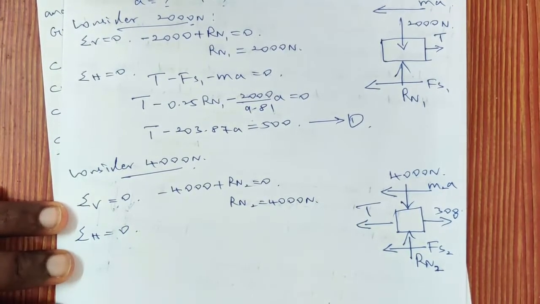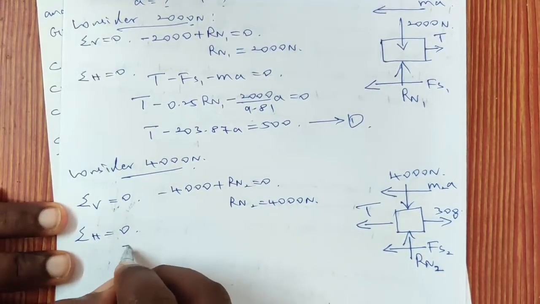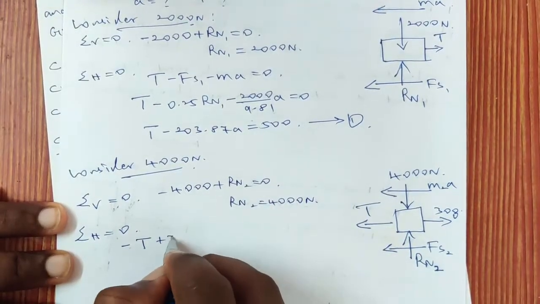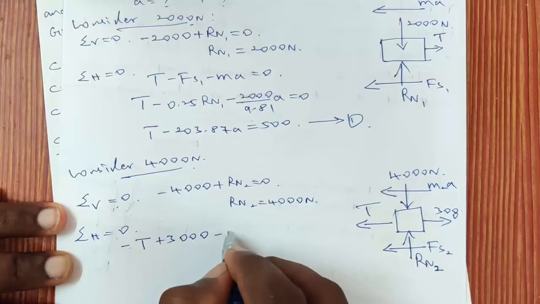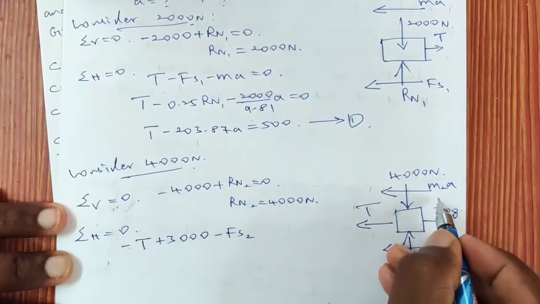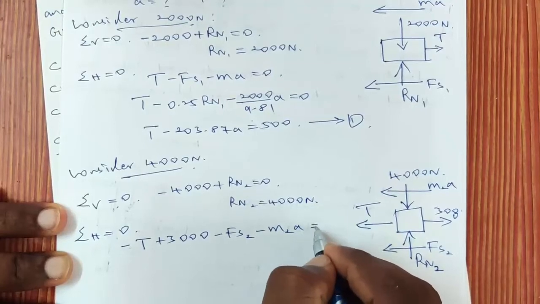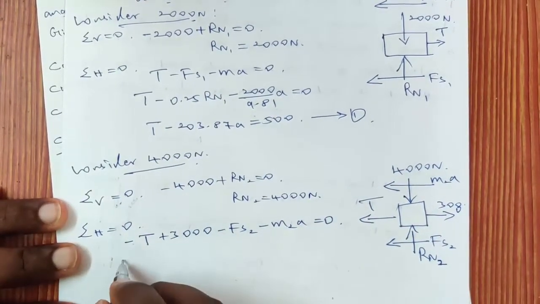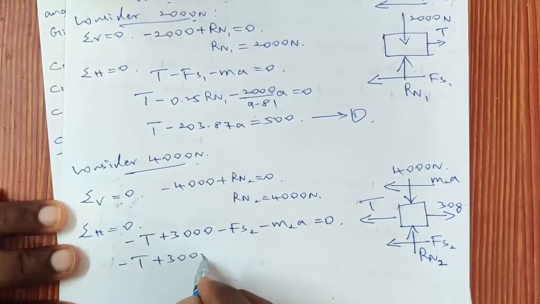So we'll write the summation of horizontal forces. The T is acting in the left side direction, so it is minus T, and 3000 is acting towards right side direction, plus 3000, then minus Fs2 and minus M2A is equal to 0. We can substitute the value of Fs2, it is minus T plus 3000.